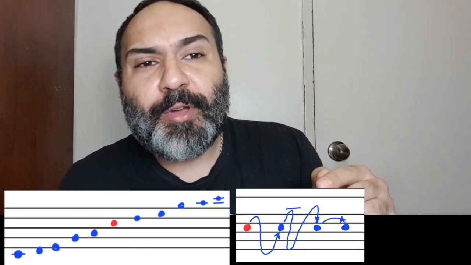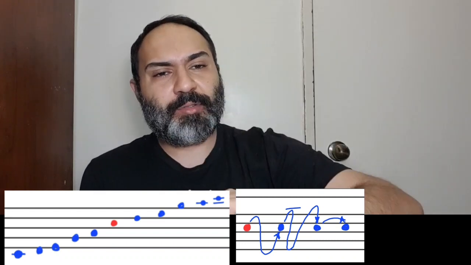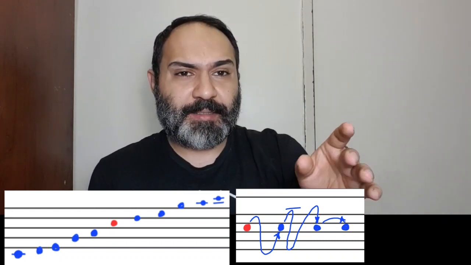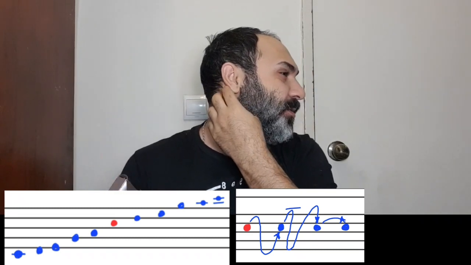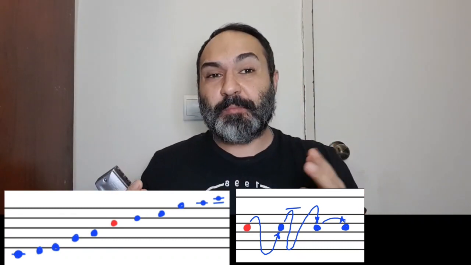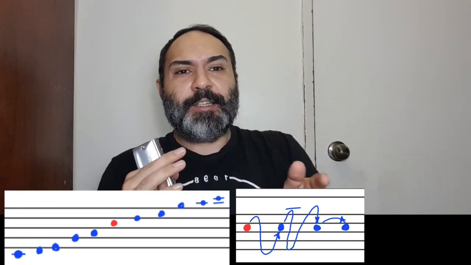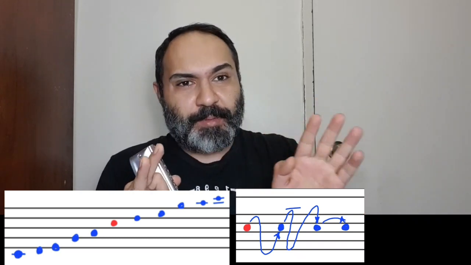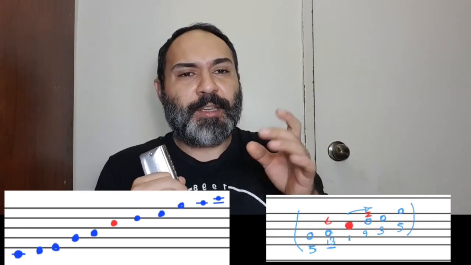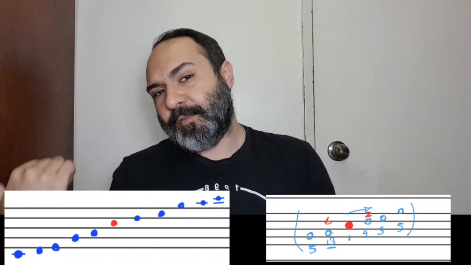You have to make C your island, and check the notes inside, on both sides of this note. For example, you have one, two, three. We don't play four in major pentatonic, and five and six in the left hand.